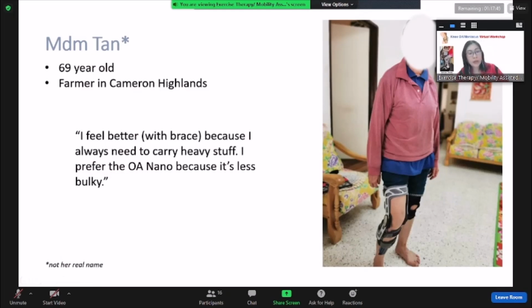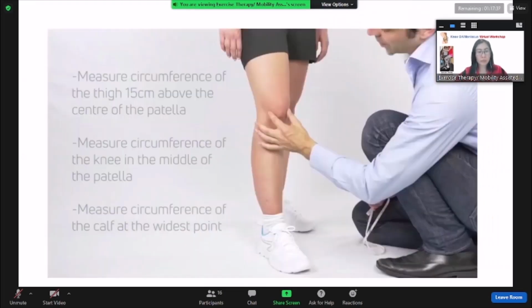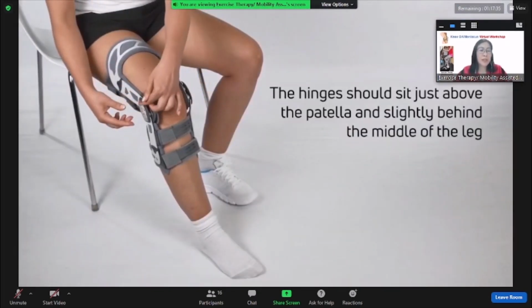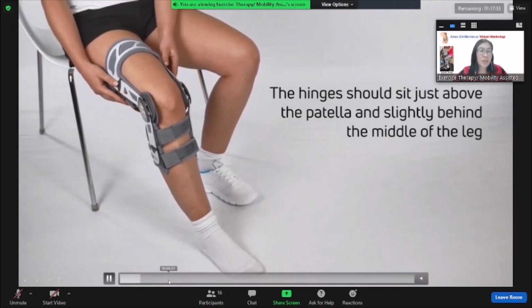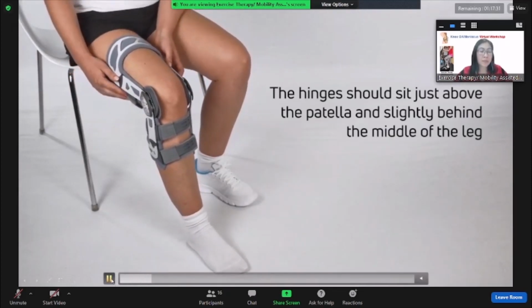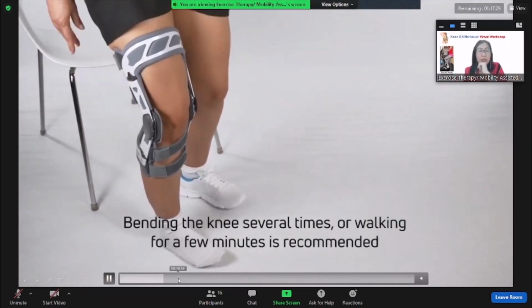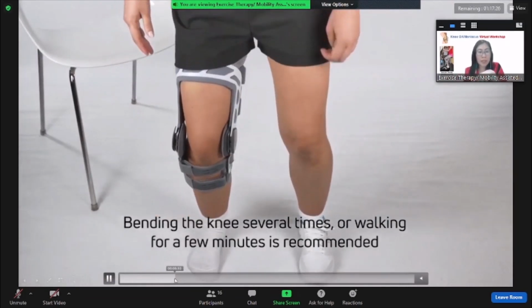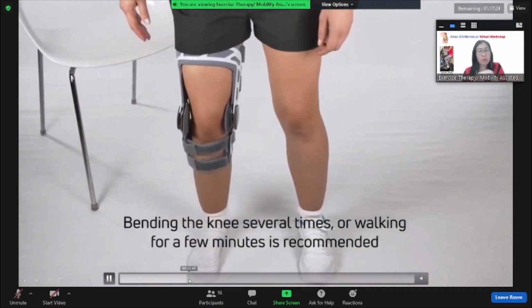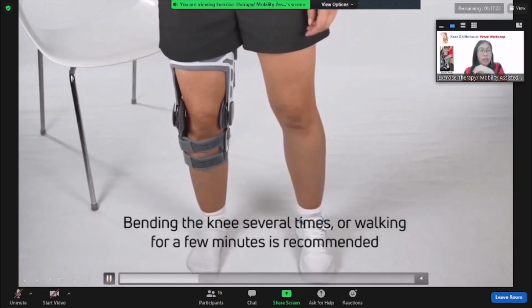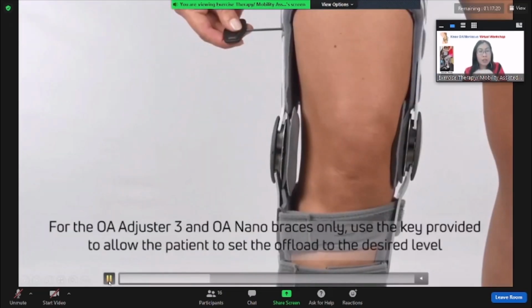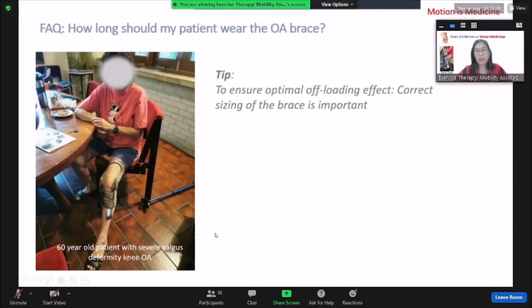So moving on, we'd like to actually share a video, a fitting video on how we actually offload the knee. So after strapping and attaching the knee brace to the knee, you actually get the patient to walk a bit in the brace, okay, just to let them get accustomed to it.